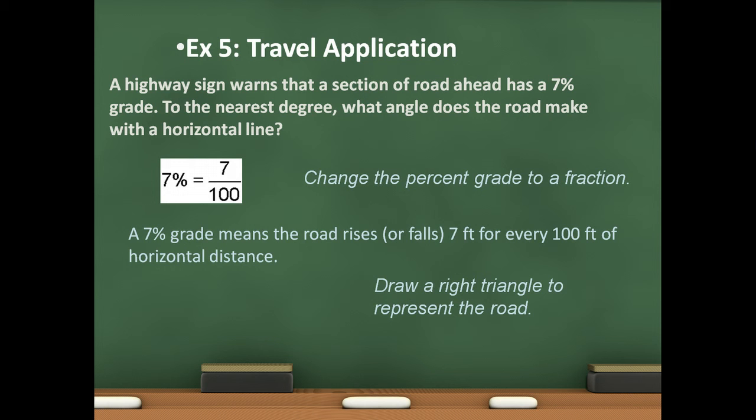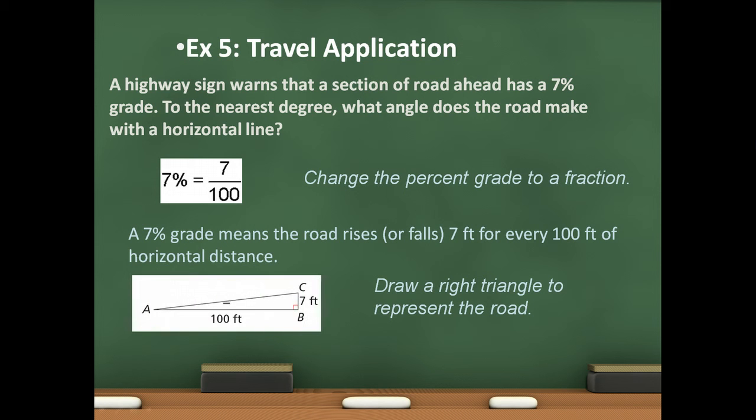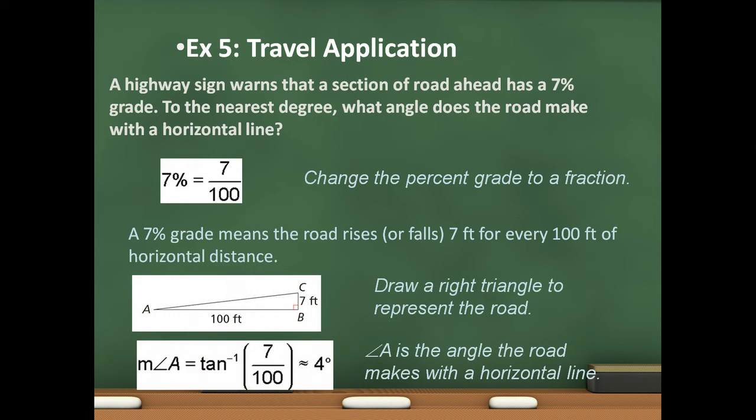So let's draw a right triangle to represent the road. We have 100 feet, and it rises or falls 7 feet in that distance. Angle A is the angle the road makes with the horizontal line, and the measure of angle A equals the inverse tangent of 7 over 100, which is about 4 degrees.